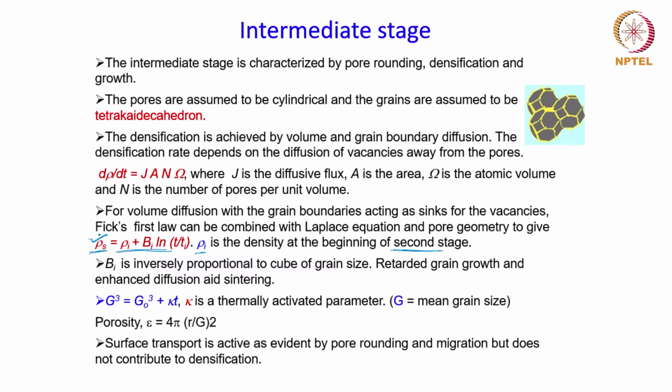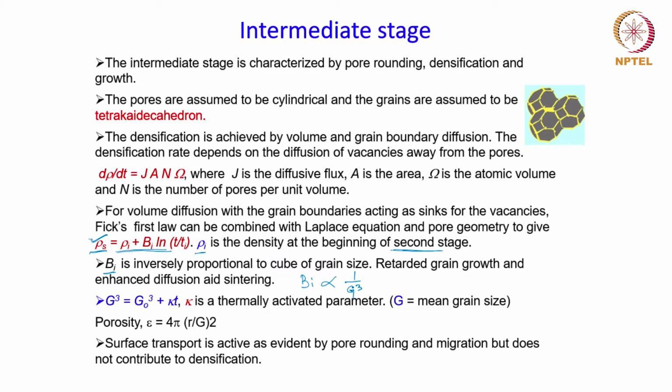And the parameter Bi that you see over here is inversely proportional to the cube of grain size, so Bi is proportional to one by g cube, where g is the grain size.